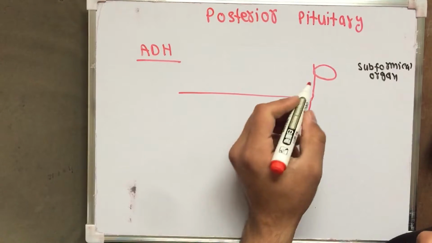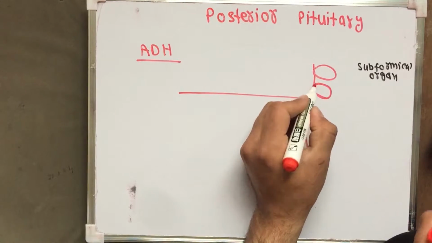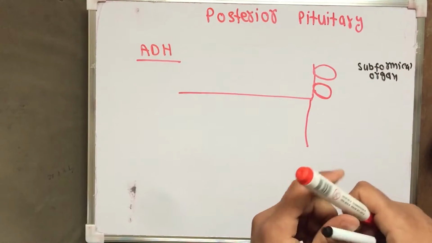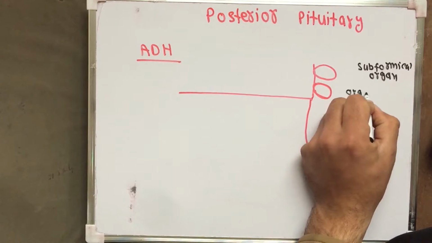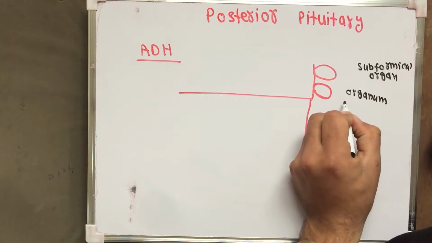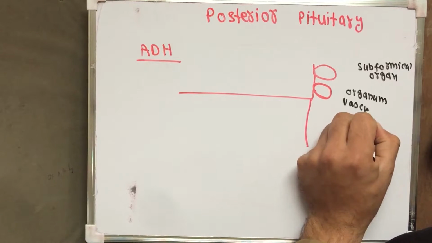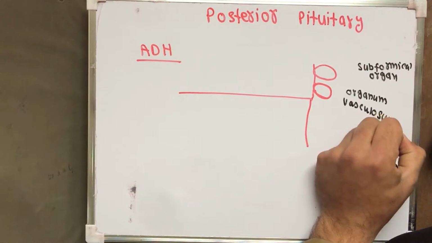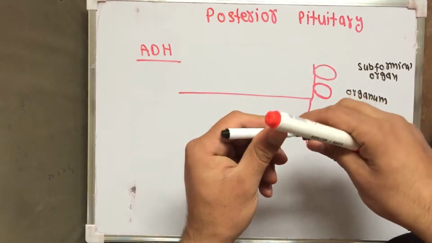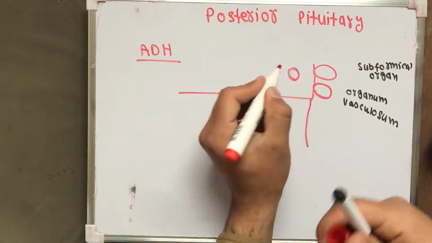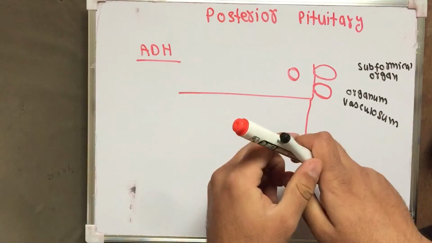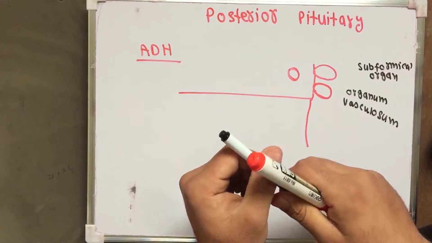Here we have another structure below the subfornical organ, which is called the organum vasculosum. These are the two structures. Here we have a nucleus which is known as the medial preoptic nucleus.